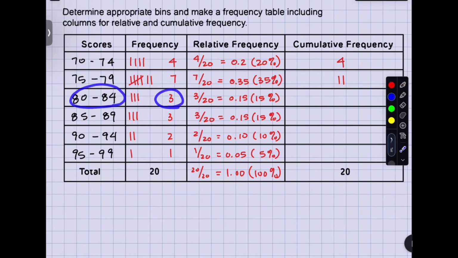When I get to here, I add 3 to this. I get to 14, then 17, then 19, then 20. The cumulative is nice because at the end I can say, yes, I do have 20 of these. So that's why the cumulative is important.